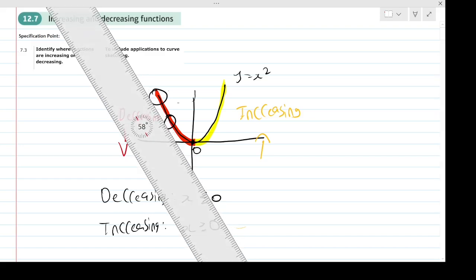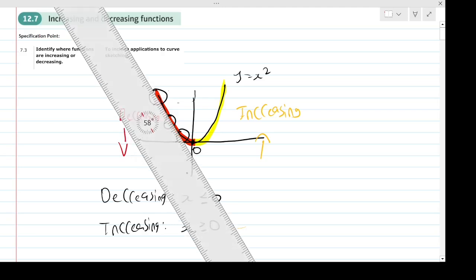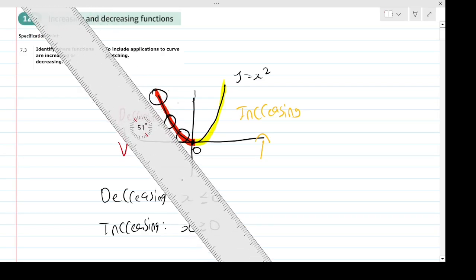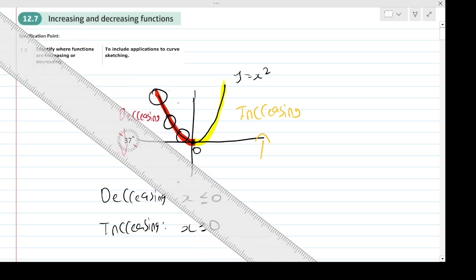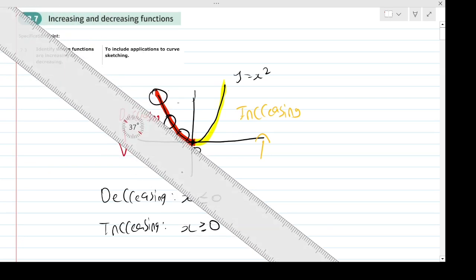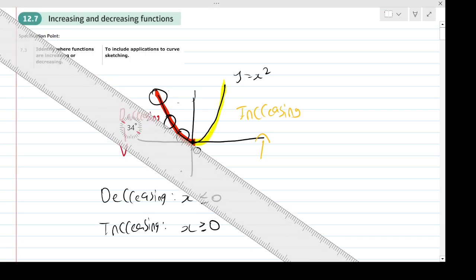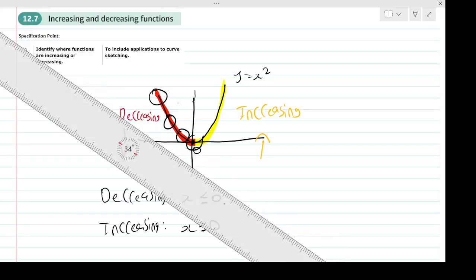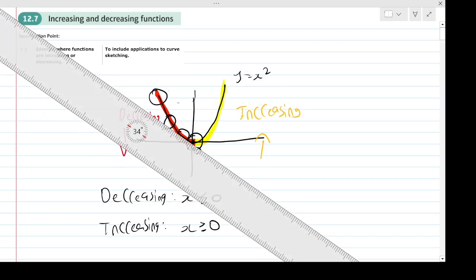Let me then consider this point over here, this third point. If I draw the tangent line to that point I've circled, it will look something a bit like this. Again, it's negative, but I'm making it less steep now. It's becoming less steep, but it's still negative. Okay, what happens when it becomes 0? Bang on 0, what would the tangent look like?